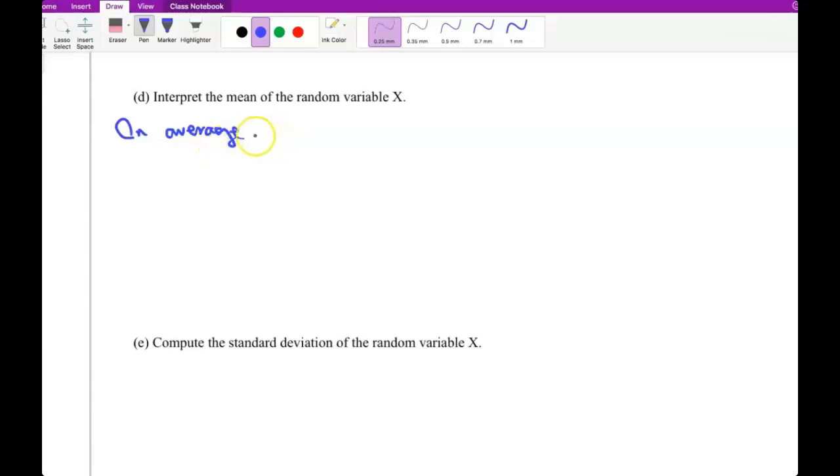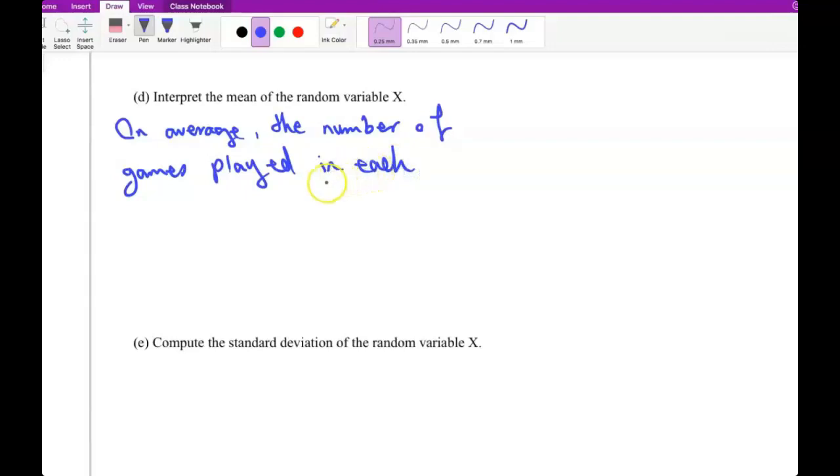What we have on average is the number of games played, or x, in each series is expected to be about 5.8.